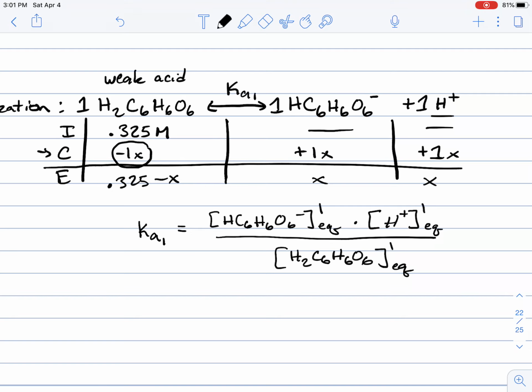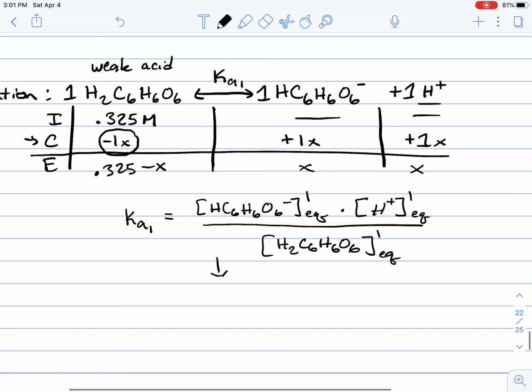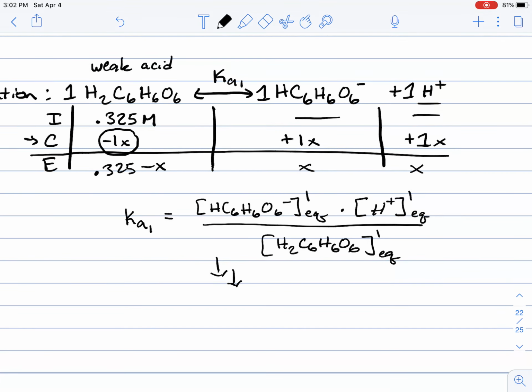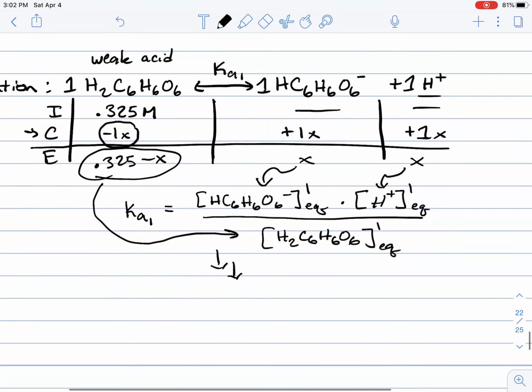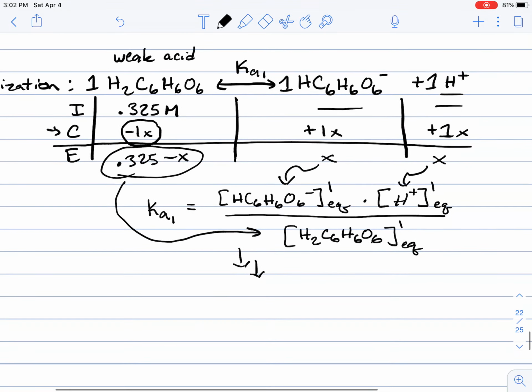And then we're simply going to go ahead and plug in all of these values in our mass action expression. So in other words, we're going to take this x and plug it in here, take this x and plug it in here, and then 0.325 minus x is going to be plugged in the denominator. And Ka1 was already given to us as 6.70 times 10 to the negative 5.